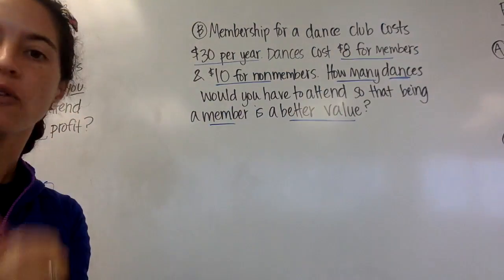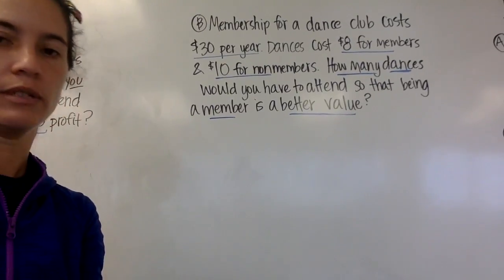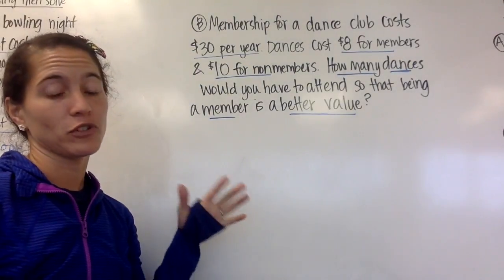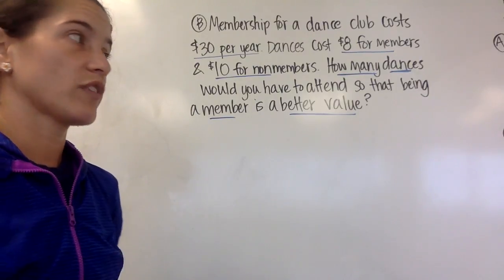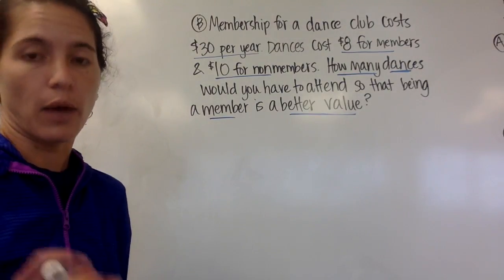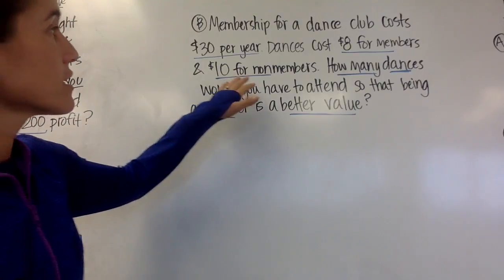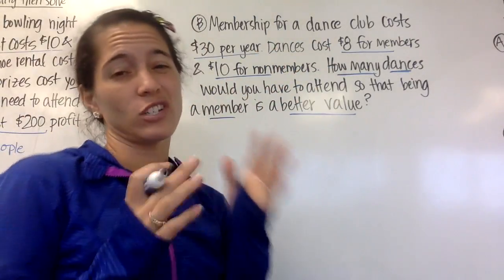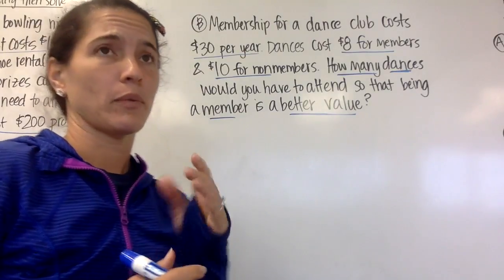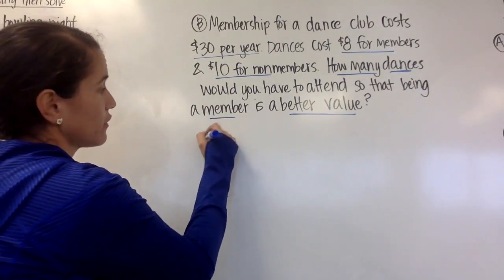All right, so here is a very real-world problem. And maybe it's not a membership for dance. Maybe it's a gym to work out in, or some sort of other athletic club. But when you have a discount for members and non-members, you have to weigh in. Is it better to be a member, or is it just better to pay the non-member price? So first we need to define our variable.